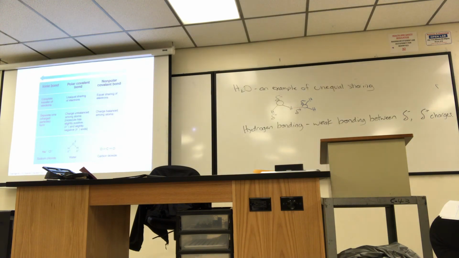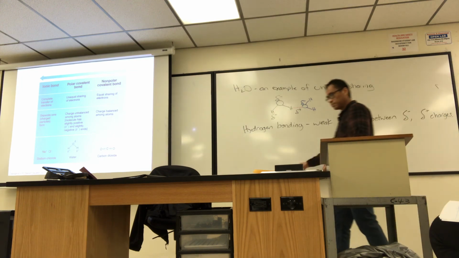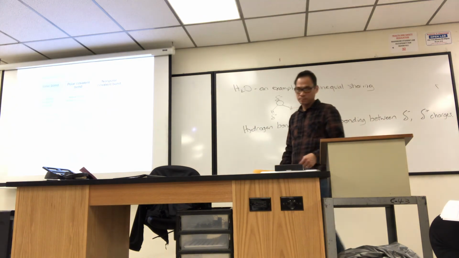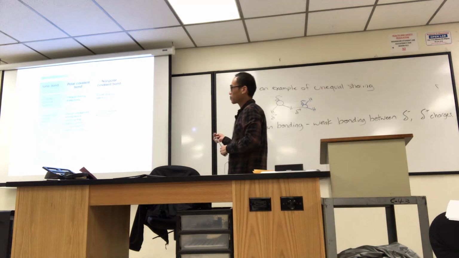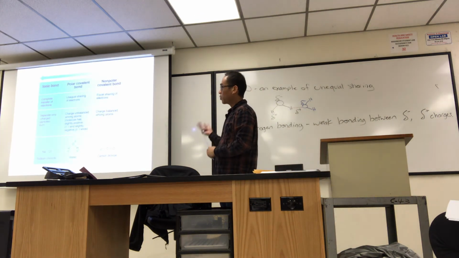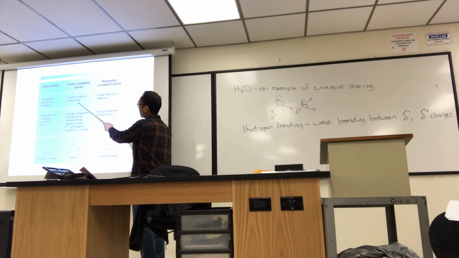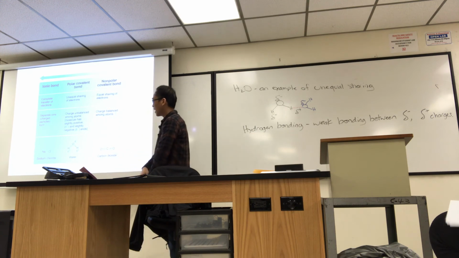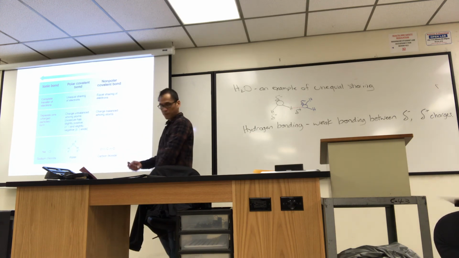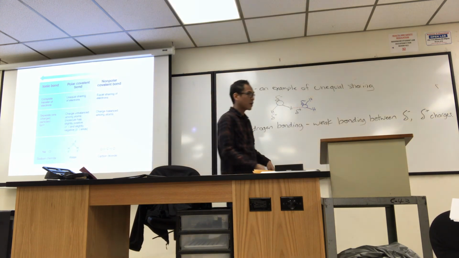All right, so that gets to the subject of polarity. I think I already defined these terms. Ionic bond and covalent bonds. Polar covalent, that's the unequal sharing thing. Non-polar covalent, that's the equal sharing thing. So that's a nice little table summarizing that.